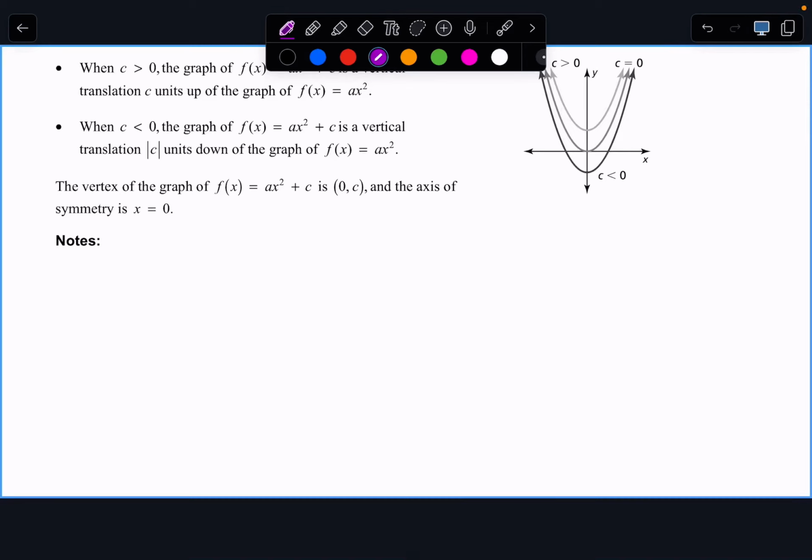Basically, what we are adding to our knowledge from yesterday is that if we have y equals ax squared plus c, then we are going to shift our parabola up c units. So we saw in that one, it was x squared plus 4, and it went up 4.